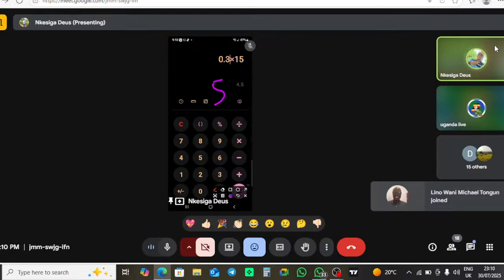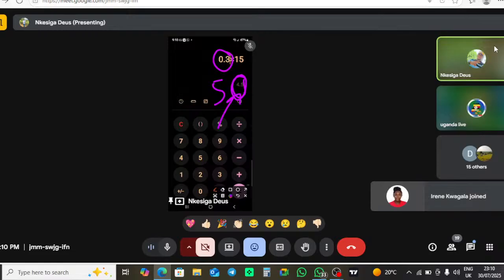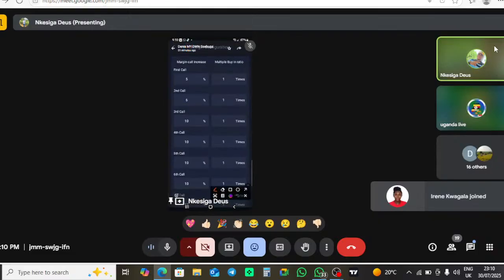So you can go with this: your drop will be 0.3, because 0.3 times 15 is a 4.5% drop, meaning your robot will buy after a percentage drop of 4.5. That's when it will buy. So here, you need to go back and change.